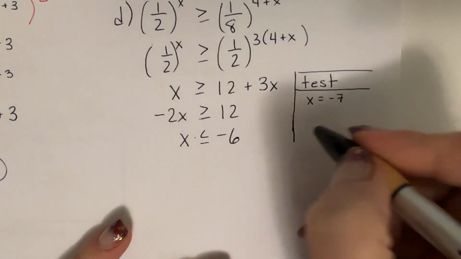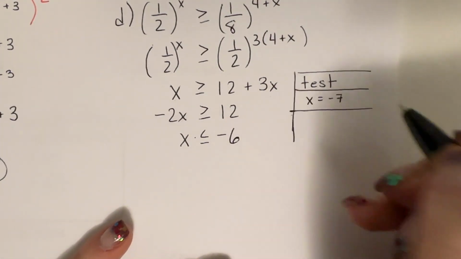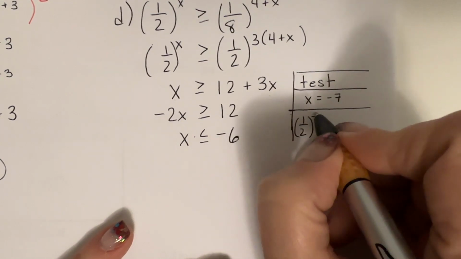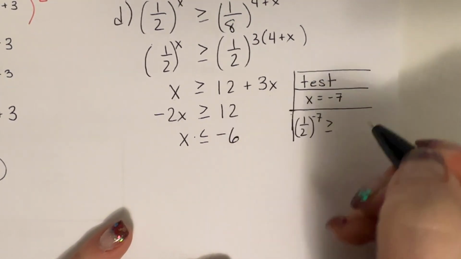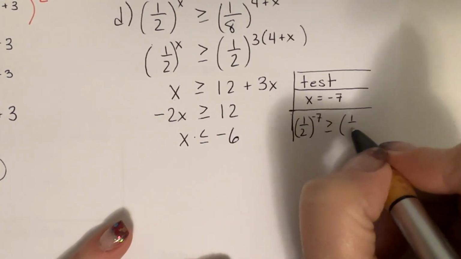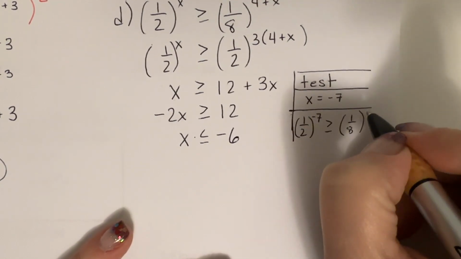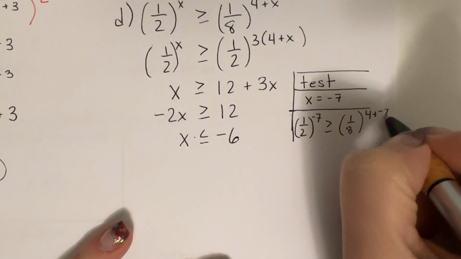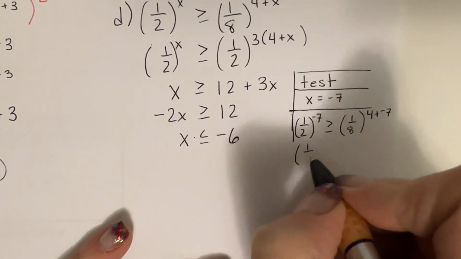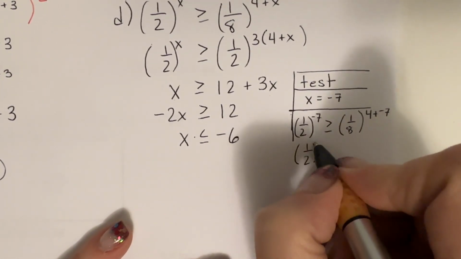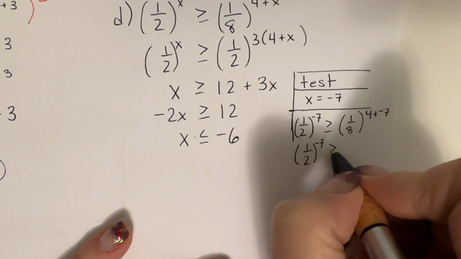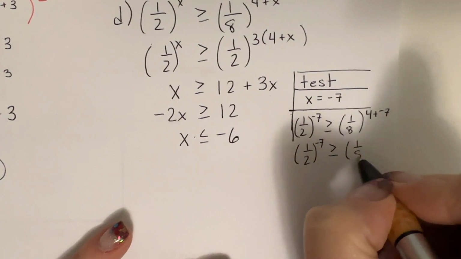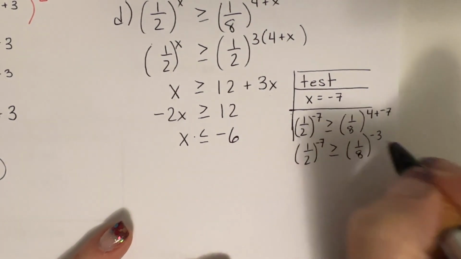Now I'm going to put this back in my original problem and use my calculator to help me. So I have 1/2 to the -7 power is supposed to be greater than or equal to 1/8 to the 4 plus -7 power. So 1/2 to the -7 is supposed to be greater than or equal to 1/8 to the -3rd power.